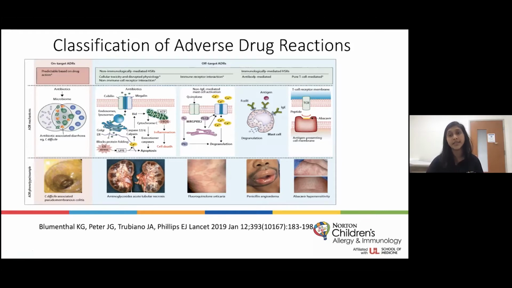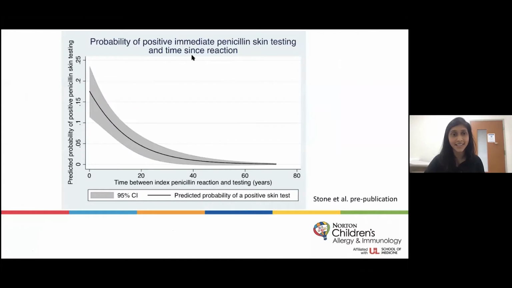And then pure T cell mediated, which is your DRESS, SJS, TEN, and things like that. When I talk about the management, I'm going to concentrate on the antibody mediated reactions, particularly type 1 hypersensitivities, because this is the most common cause of referral for me. If I talk about management of T cell mediated reactions, it'll be another 30 minutes.